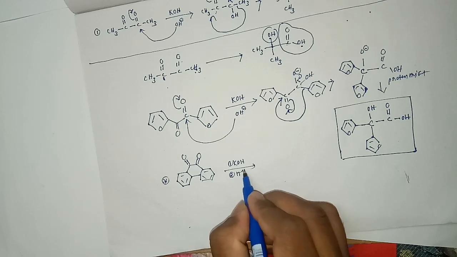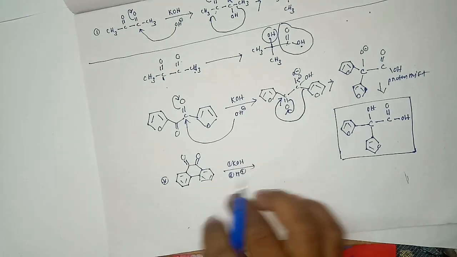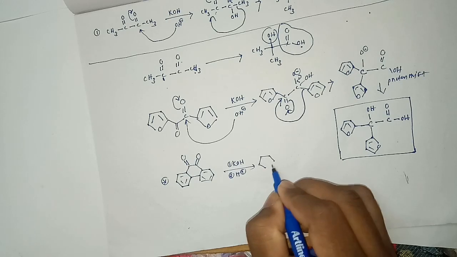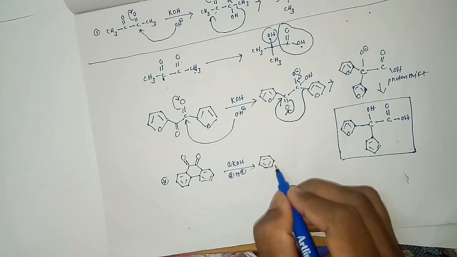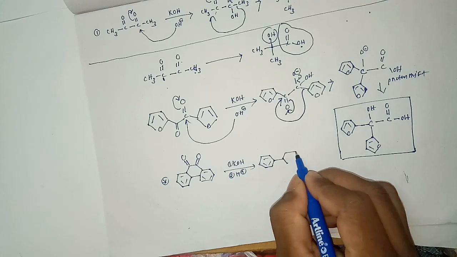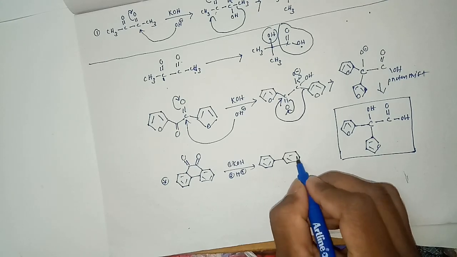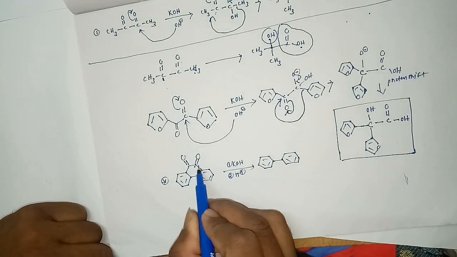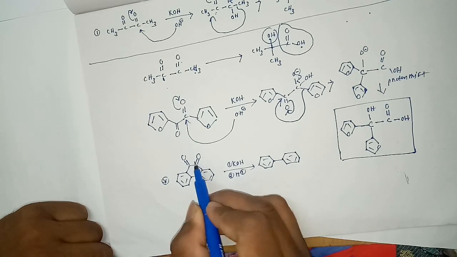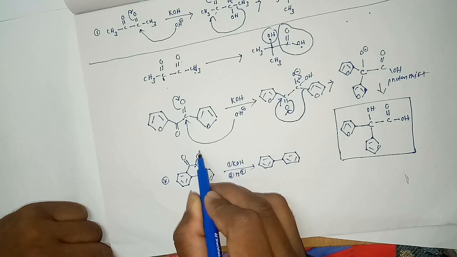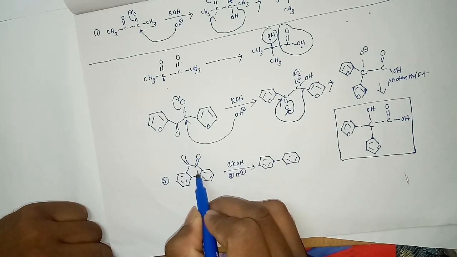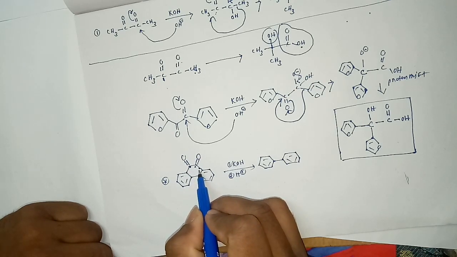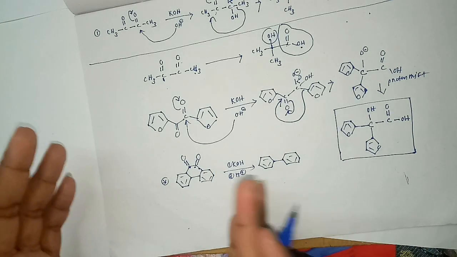So this is the concept, and this is the answer that will come. First of all OH minus will attack this side, the double bond shifts towards oxygen, and again it comes down, then this bond shifts towards this carbon, so the six-membered ring is converted into a five-membered ring.